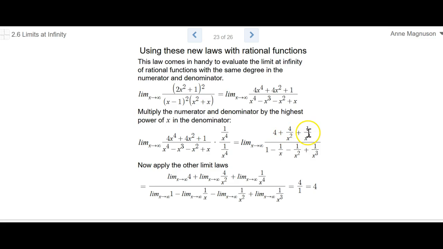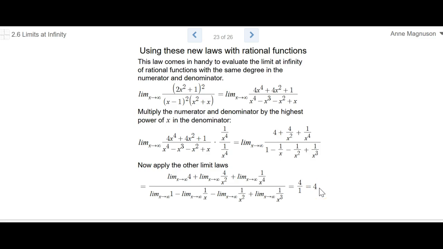All the other terms except for the leading terms in the numerator and denominator are going to go to 0 as x goes to infinity, because they all have x to a power in their denominators. So this is going to end up going to 4 over 1, which is just 4.